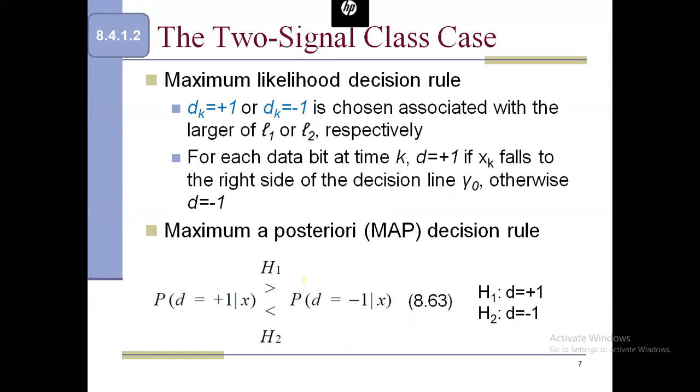So we have the maximum a posteriori probability criteria, in which we compare the posteriori probability of the two signals, and that criteria is called the maximum a posteriori probability criteria.